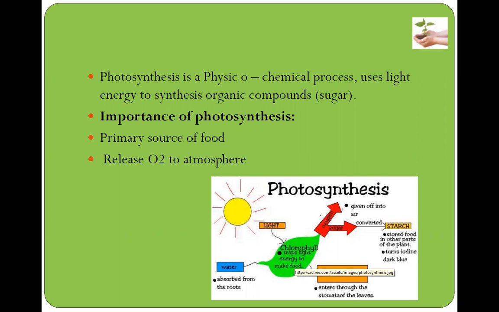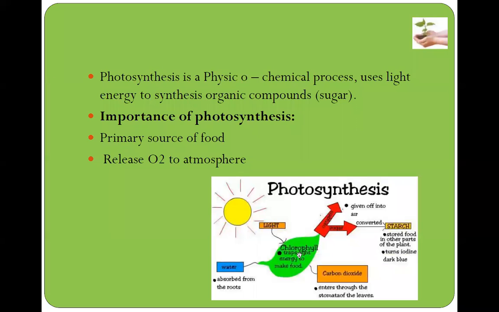So with this stomata closing and opening, the carbon dioxide enters inside the leaf, as well as the light falling on this leaf. So this light acts upon the chlorophyll, which is a green colored pigment, right? And this chlorophyll has a tendency to trap the light energy and make the food.